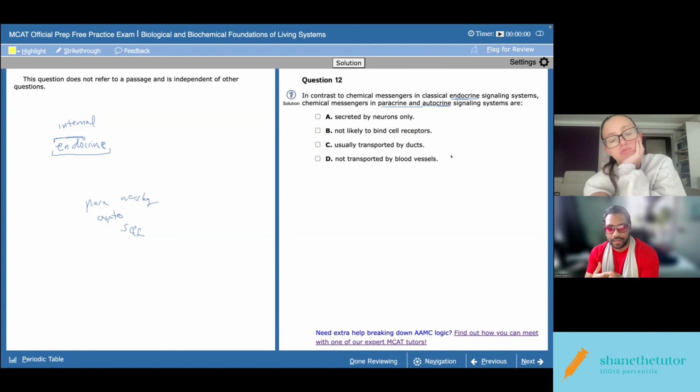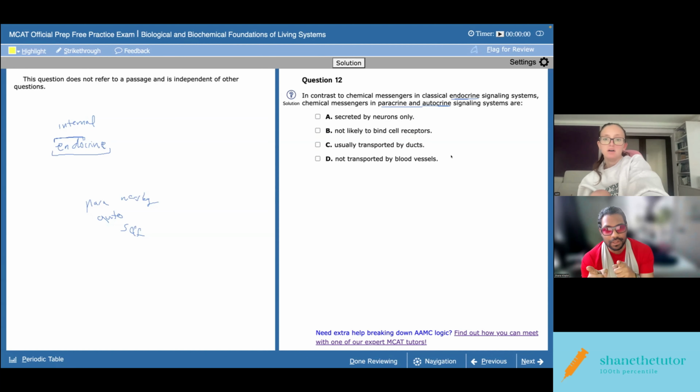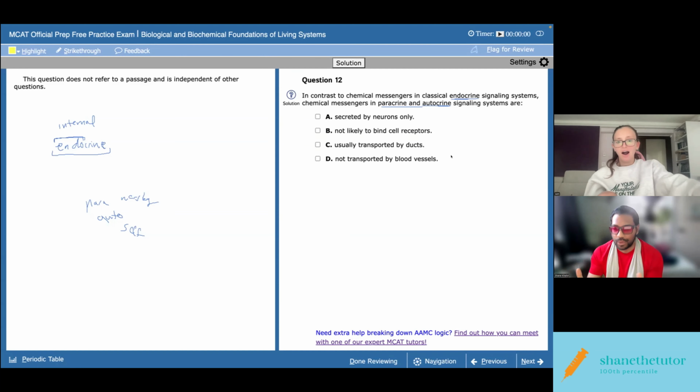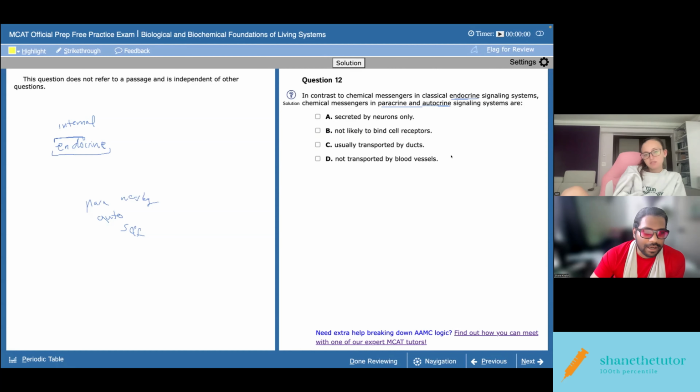So you knew that endocrine meant internal, paracrine is nearby, and autocrine is self. If they're asking what's the difference between them, that must mean the endocrine is not nearby and is not affecting itself.